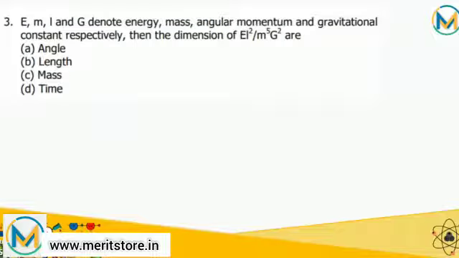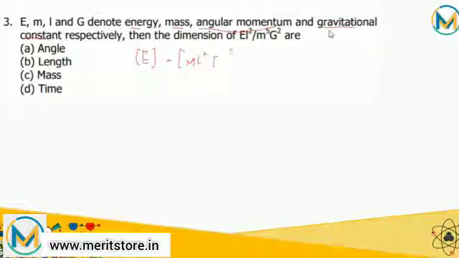Looking towards the next question. E, M, I and G denote energy, mass, angular momentum and gravitational constant respectively. Then find the dimension of E I square upon M^5 G^2. Here we know that the dimension of energy is M L square T raised to minus 2.